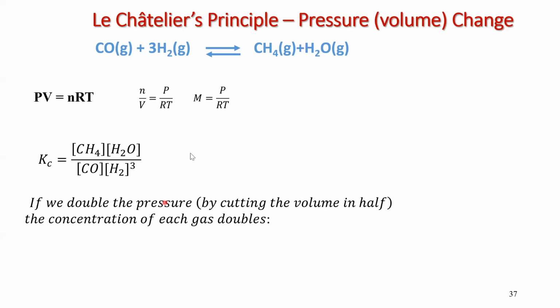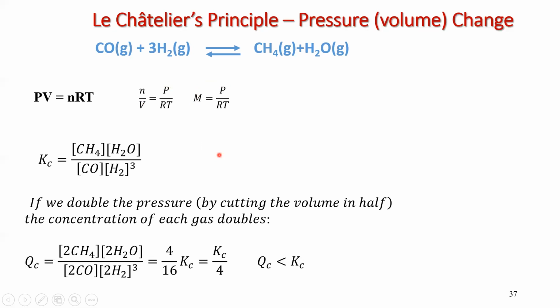And if we double the pressure, that's going to double the concentrations. Pressure and molarity are directly proportional because pressure and volume are inversely proportional. So we would double the concentration of CH4, double the concentration of water vapor, double the concentration of carbon monoxide, and double the concentration of hydrogen.